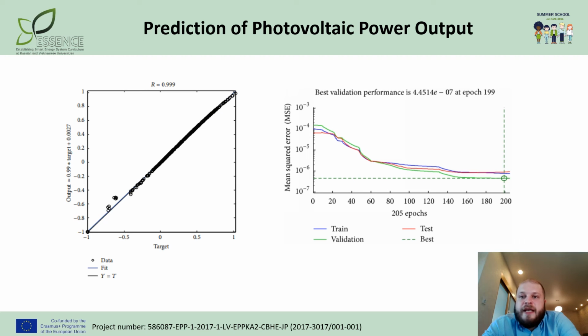And Figure 10 presents the regression of calculated data and the real data. As shown in the figure, the measured error is really low, and the selected quality metric, the R value, is calculated to be 0.999, which looks very optimistic.